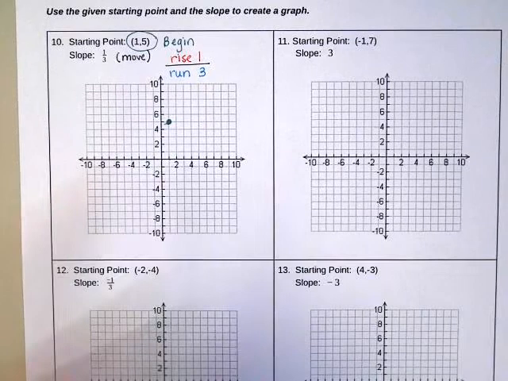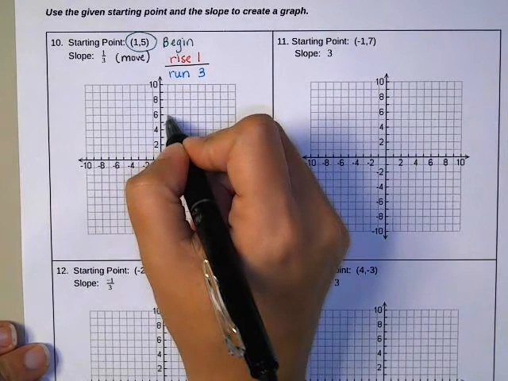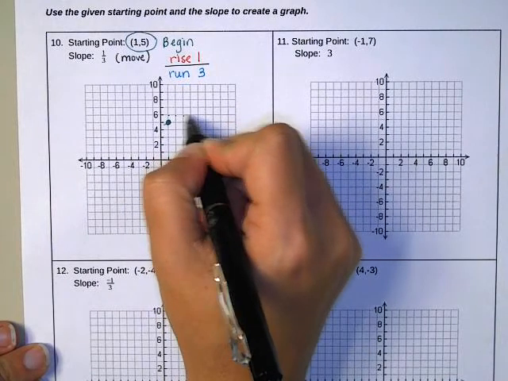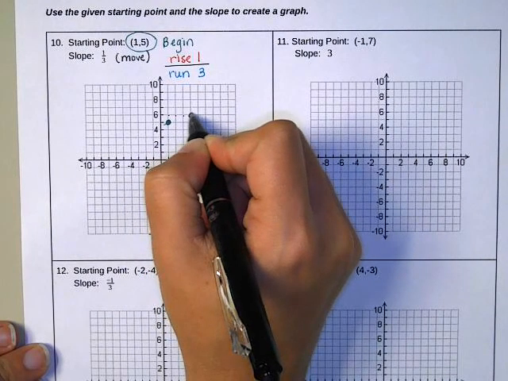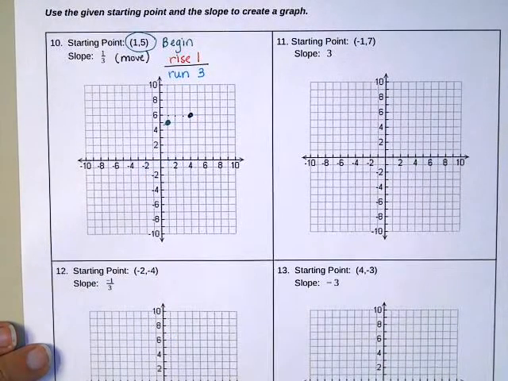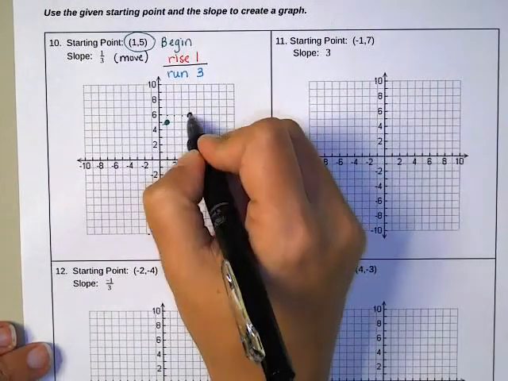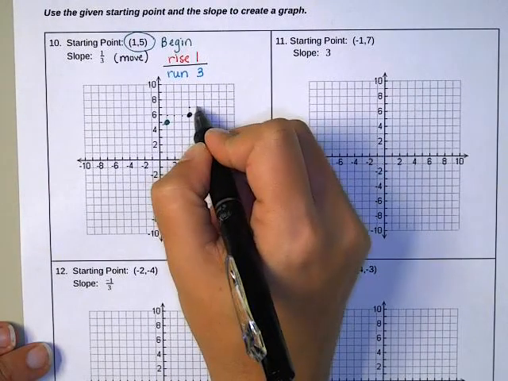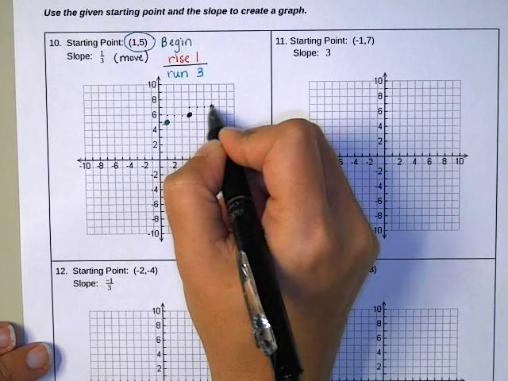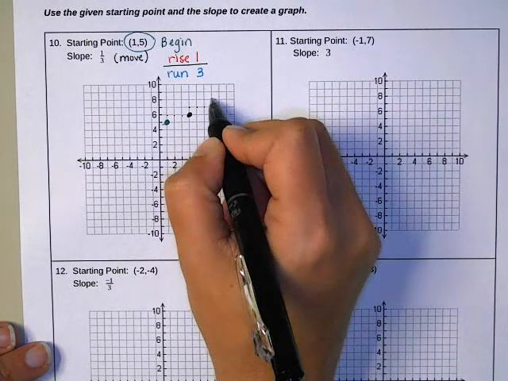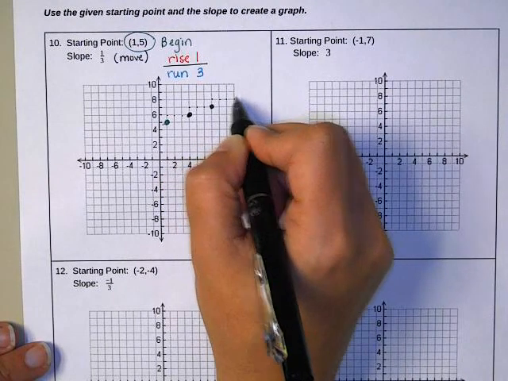So from this point, I'm going to rise 1, go over 3, and then put a new dot. Then I'm going to repeat that pattern. So rise 1, go over 3, put a new dot. Rise 1, go over 3, put a new dot.